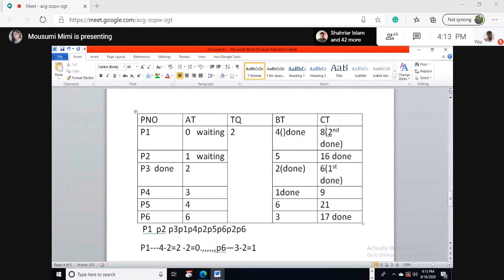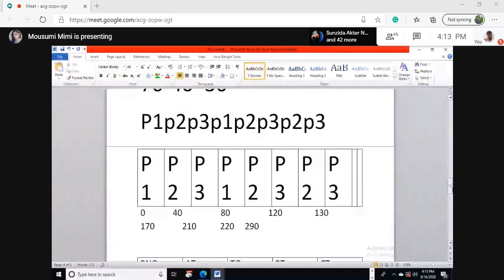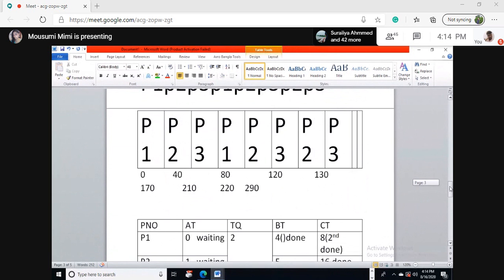But if you make a mistake in the completion time, your marks will decrease, because your turnaround time and waiting time both depend on your completion time. So if all of you are clear, that's very good.